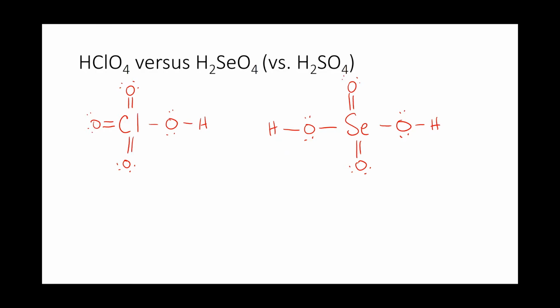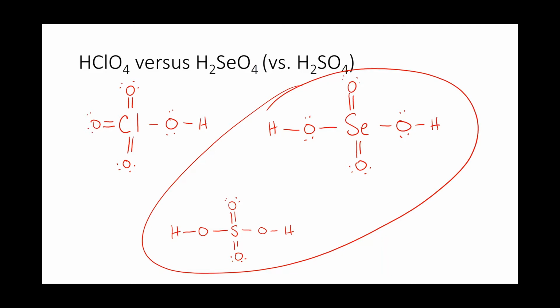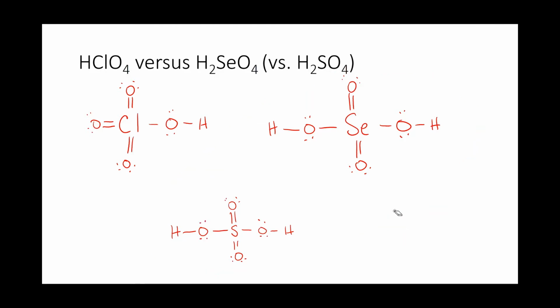But the type of thing I could have you compare would be these two acids, right? These two acids have the exact same structure. I guess I need to put some lone pairs on this sulfuric acid. There's two oxygens, each of which has a proton, and then we have two oxygens that are helping to pull electron density away from those protons. So our structure is identical here. We have the same number of protons and the same number of non-proton-containing oxygens.